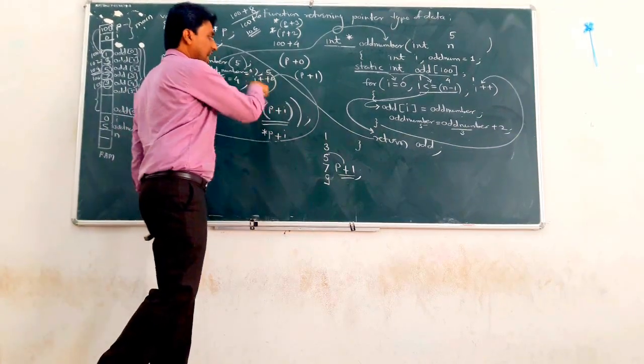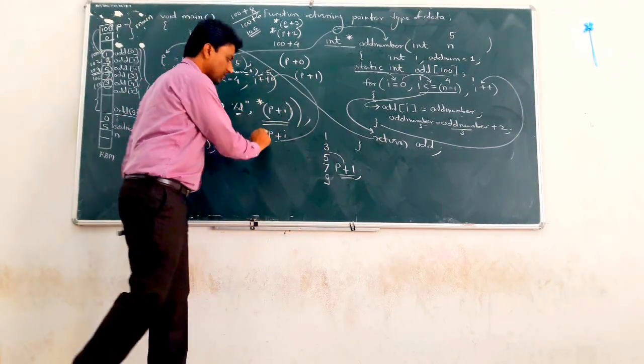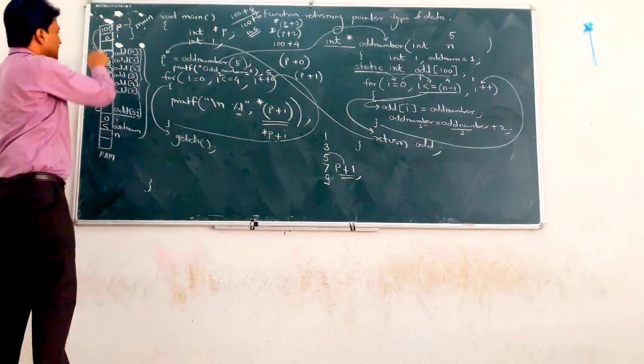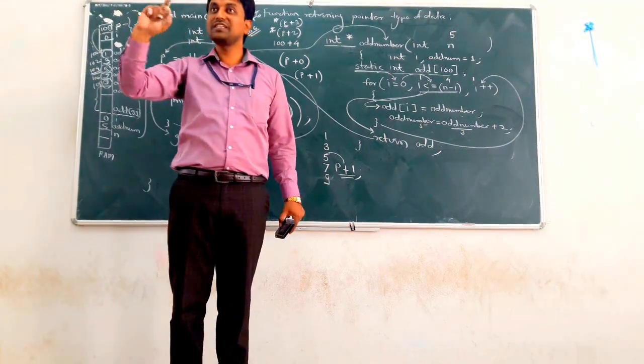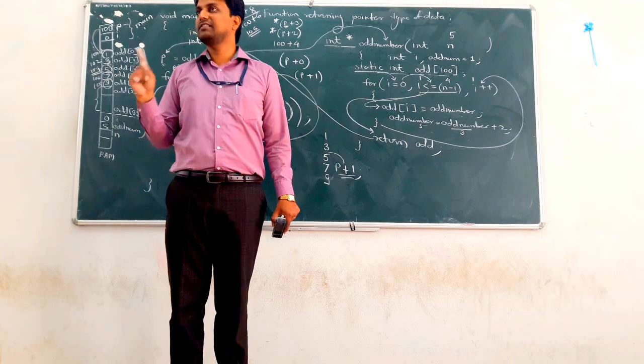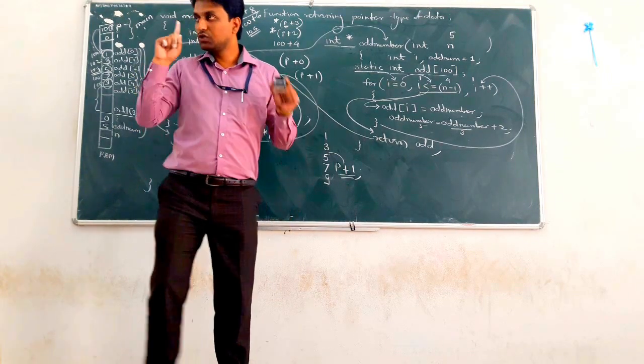The second time, when I becomes 1, star P means 1 plus 1, which gives you 2. So these are two different answers. Clear?